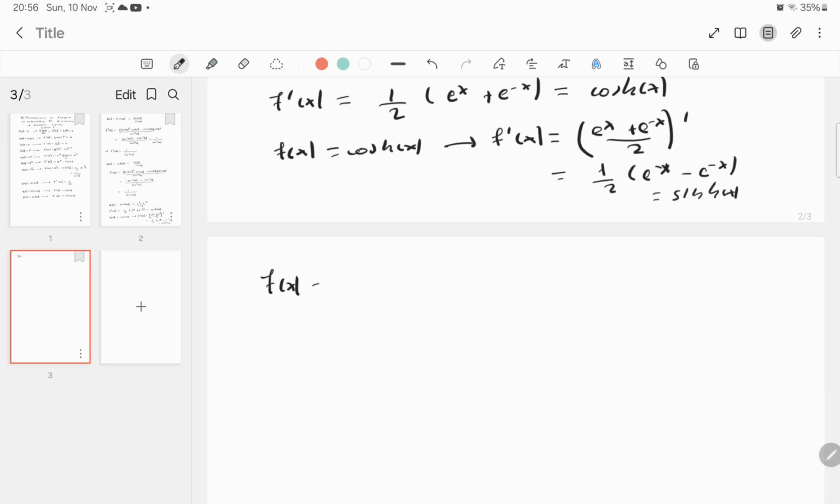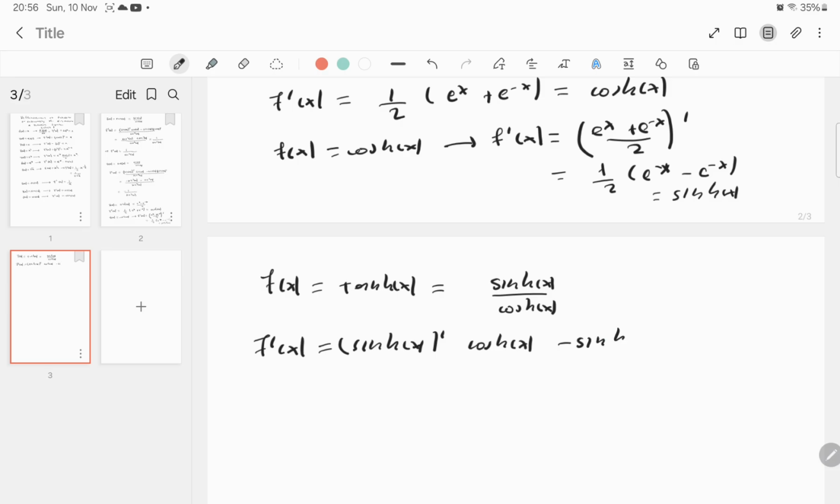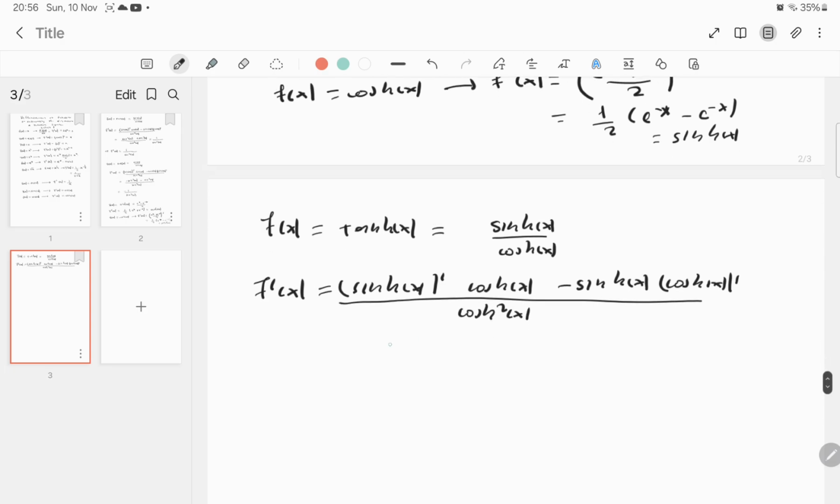F of x equals tan hyperbolic of x, sine hyperbolic of x over cos hyperbolic of x. F prime of x equals sine hyperbolic of x derivative times cos hyperbolic of x minus sine hyperbolic of x times cos hyperbolic of x derivative, over cos hyperbolic squared of x.